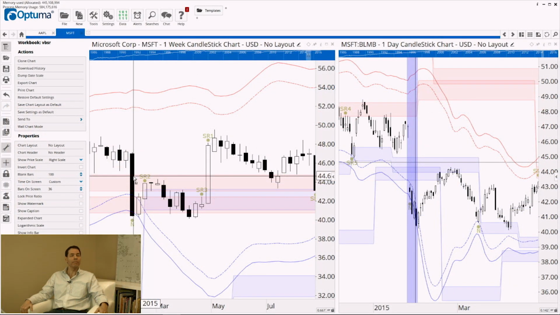Now, one of the things I'd love to quickly talk about is the whole concept of risk and reward that you layer into this, getting more into the practical usage of this.